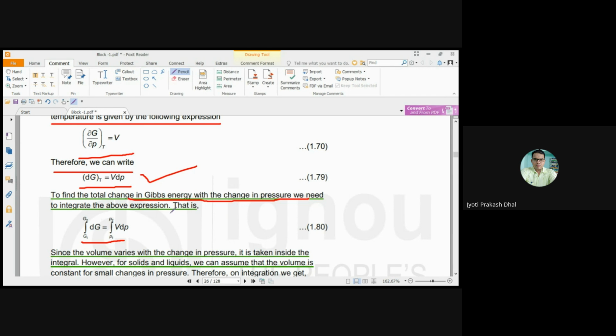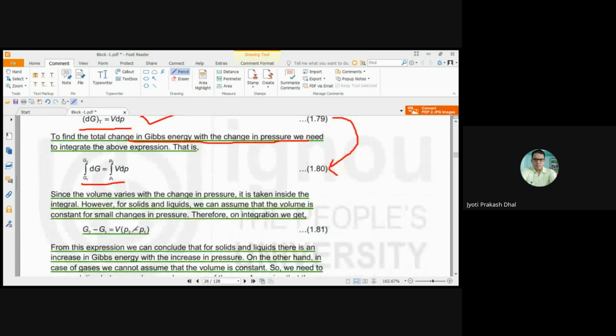If we integrate equation 1.79 from initial Gibbs energy G1 to final Gibbs energy G2, when the pressure changes from P1 to P2, the integral form of equation 1.79 can be written as the integration of dG from G1 to G2 equals the integration of VdP from P1 to P2.